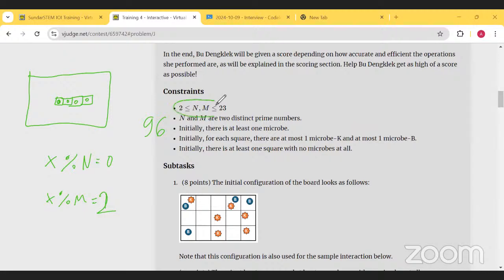Because the values of n and m are small, we can find the value of x by brute force, trying 1 by 1 like this. And then we can multiply it until one row is empty. So the complexity is logarithmic in n, right?